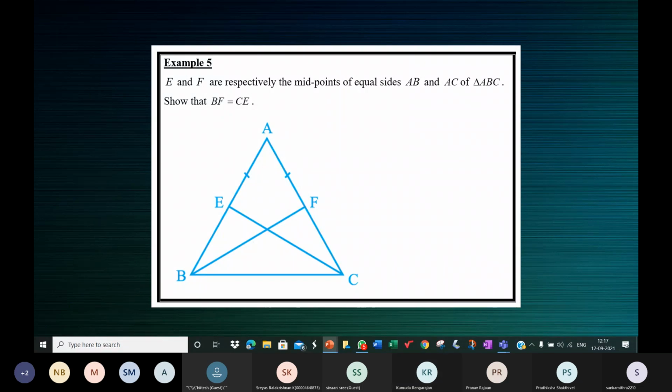E and F are respectively the midpoints of equal sides AB and AC of triangle ABC. Show that BF is equal to CE. So to show that BF is equal to CE, you need to take up one triangle which has BF as a side and another triangle which has CE as a side.